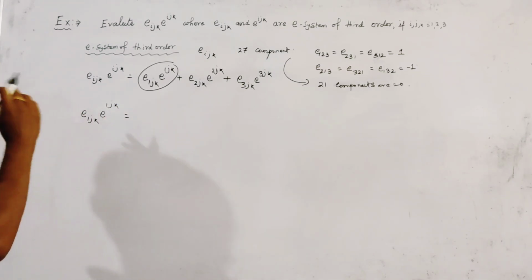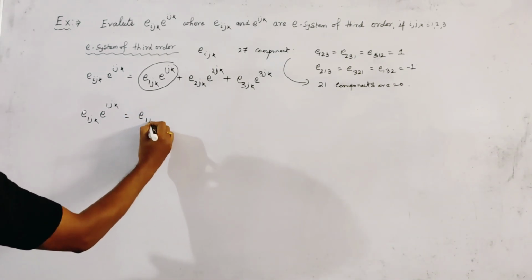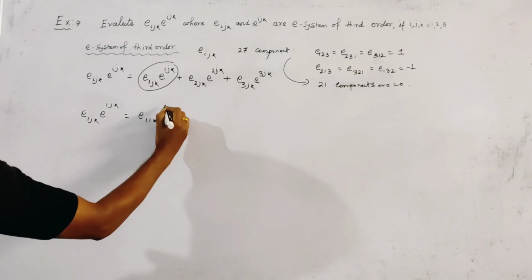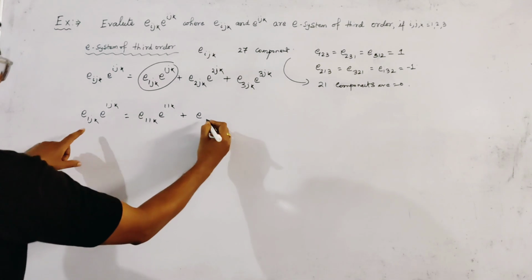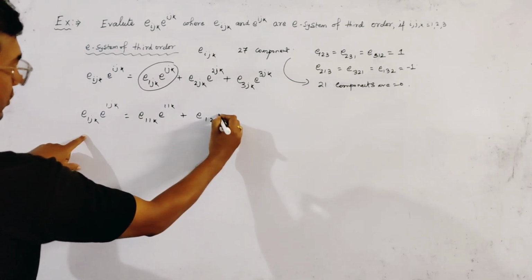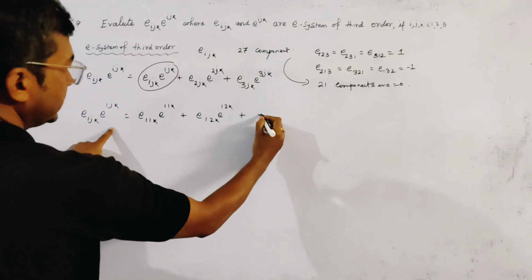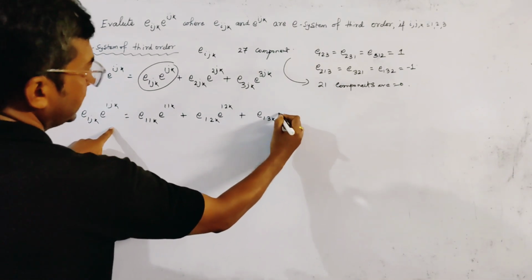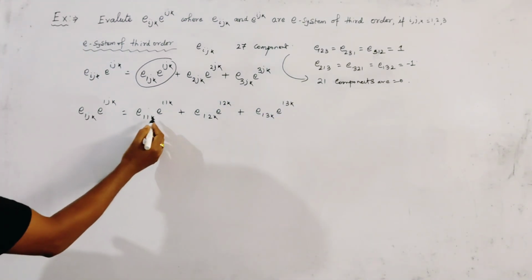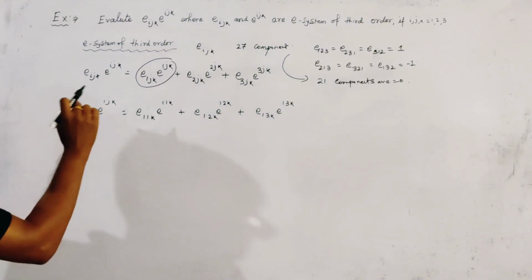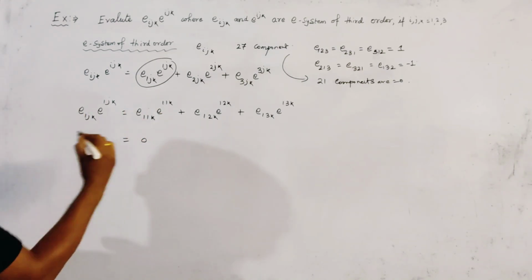Here j is also in the summation convention, so we write E_11k into E^11k plus E_12k into E^12k plus E_13k into E^13k. Now the value of E_11k must be equal to 0, and E^11k is also 0, so the first term is 0.